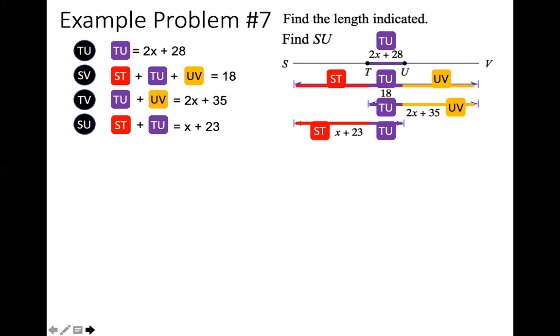When I add them together, I get x plus 23. Let me pause here and ask, does anyone have any questions about how I came up with these equations, that this purple piece is 2x plus 28, and yet this red plus the purple is x plus 23? Any questions on where we are so far?